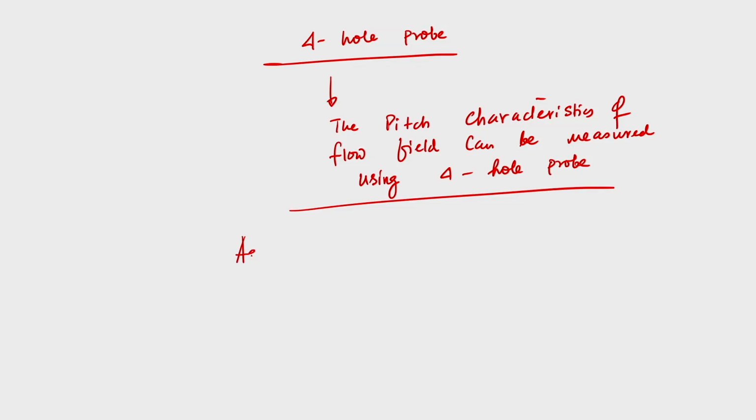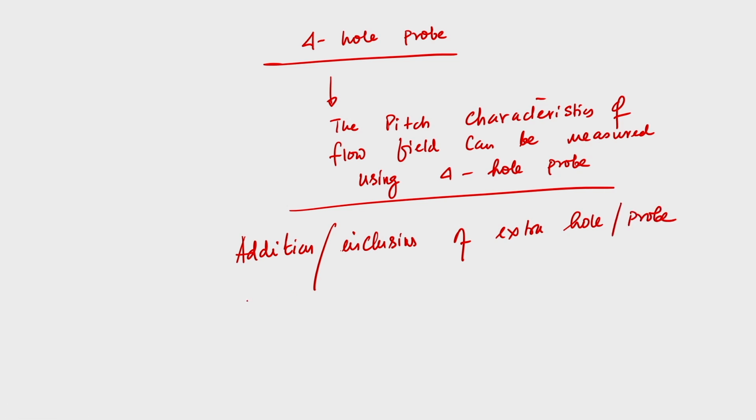So, going from 3-hole to 4-hole, the inclusion of an extra hole is responsible only for giving us the pitch characteristics, the pitch angle. That means the addition or inclusion of an extra hole in the probe will measure the pitch characteristics of the flow.